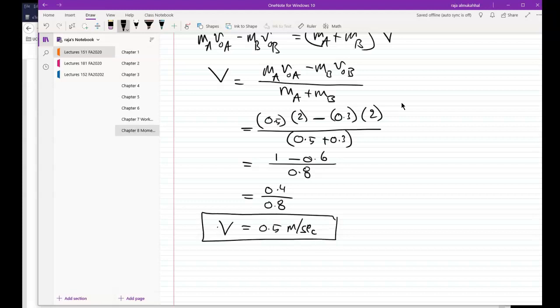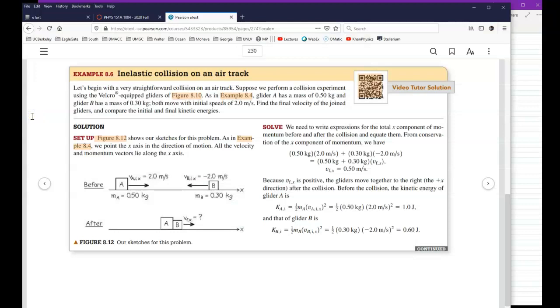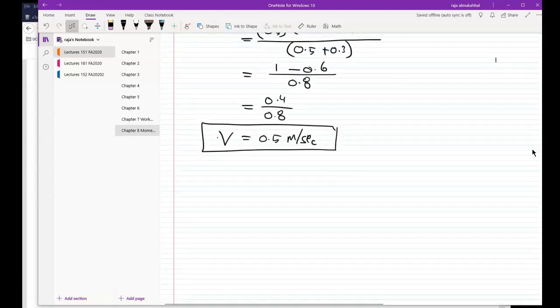Got it? Okay. Now he says compare the two kinetic energies. That shouldn't be difficult, right? He says find the final velocity of the joint and compare the initial and final kinetic energies. All right, so we can work on the kinetic energy. That's not difficult. The kinetic energy of glider A is just 1/2 m_A v_0A squared.